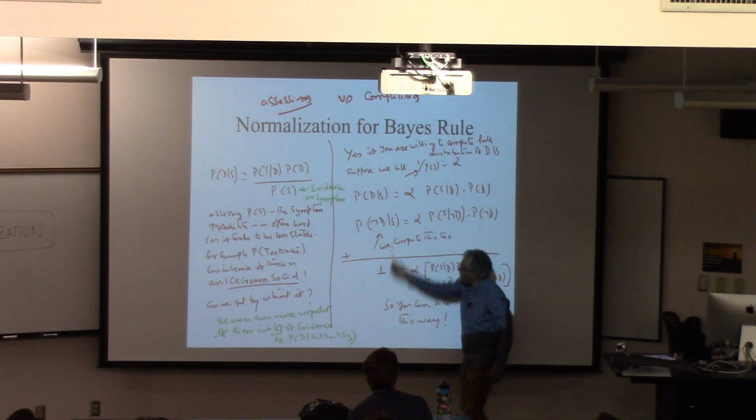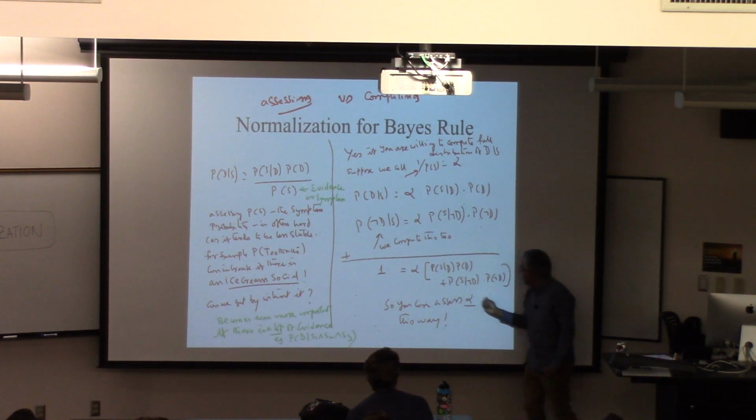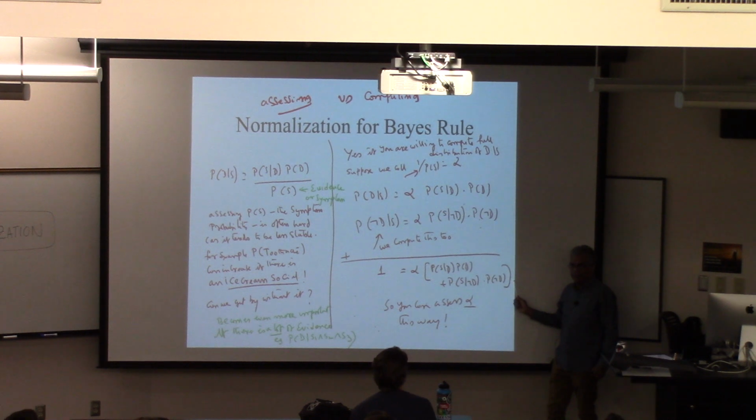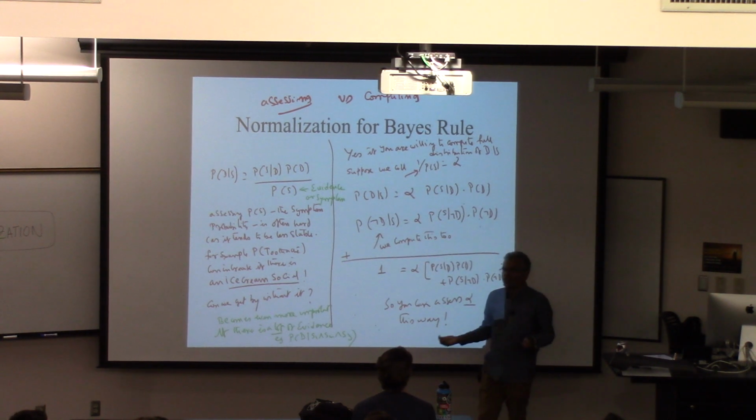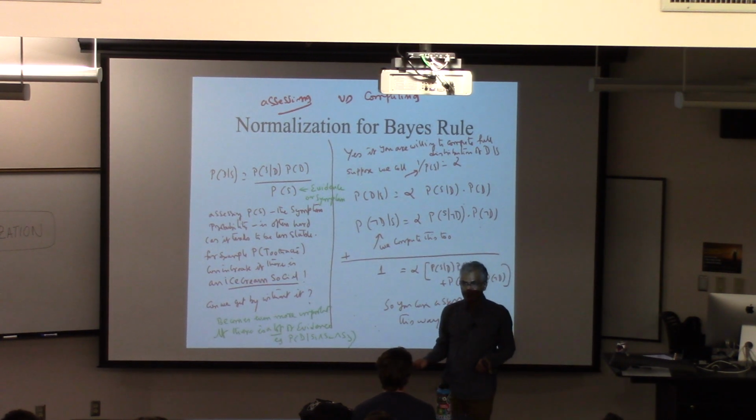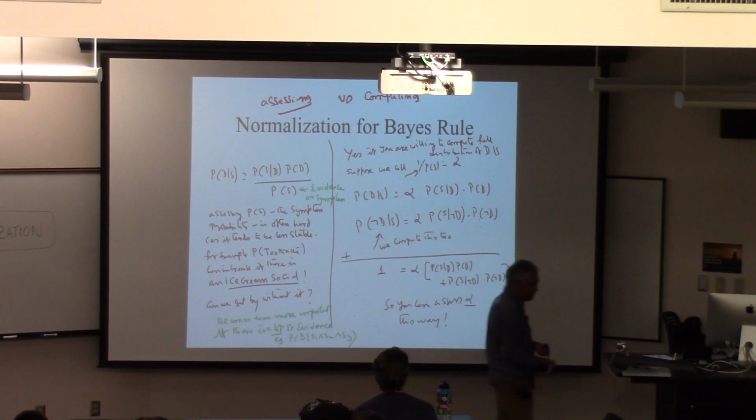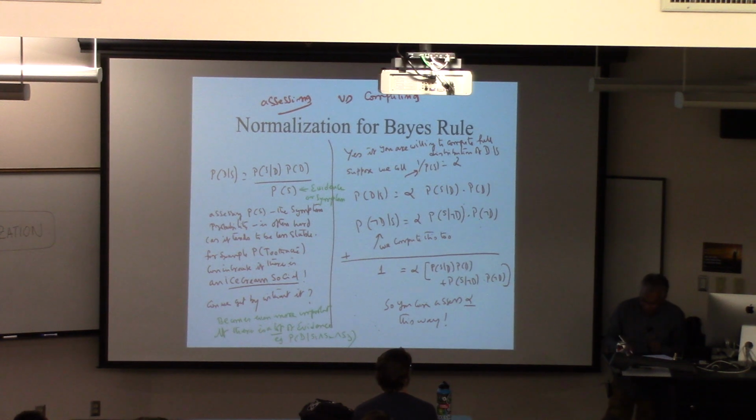So you add these up, this is 1, this will be alpha times this whole stuff. So by the end, you know the alphas also. You see what I'm saying? In particular, normally what you wind up doing is, the distribution is 7 and 10.